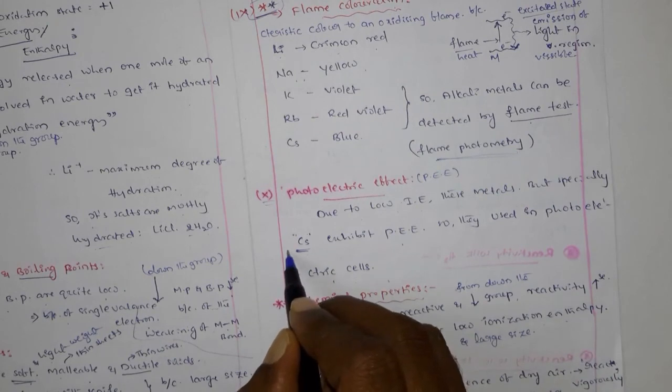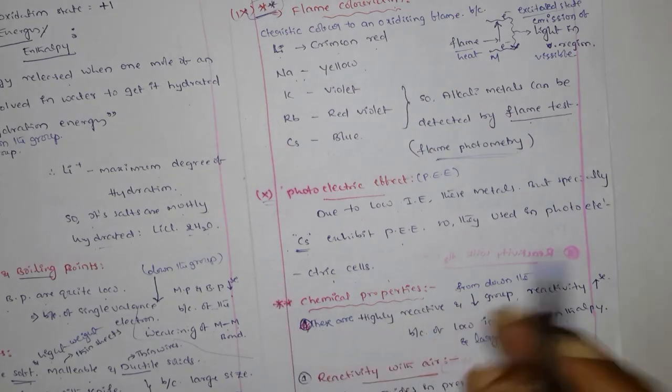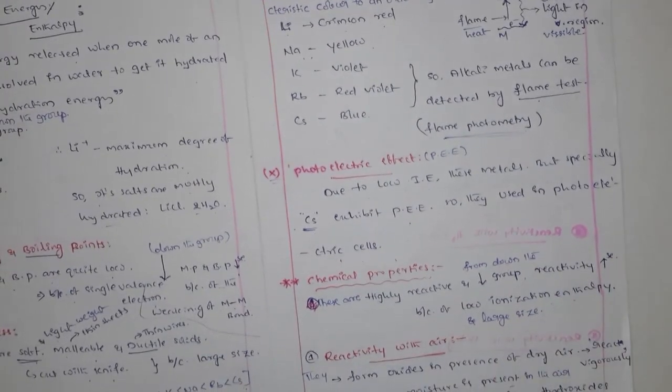This is important: the metal used in the photoelectric cell is cesium.